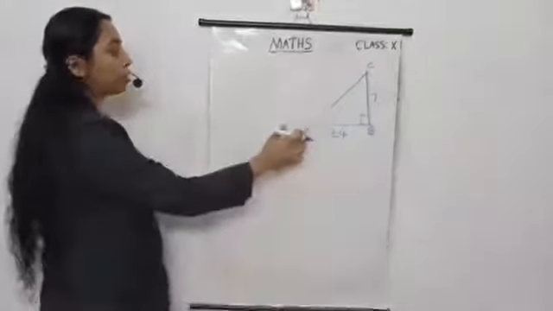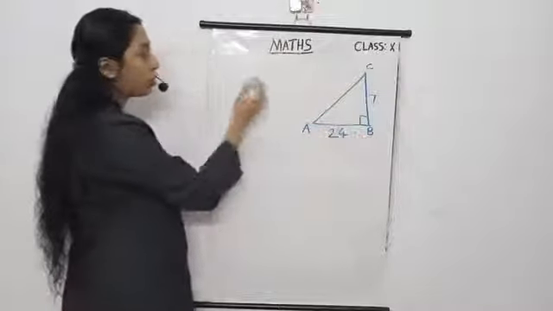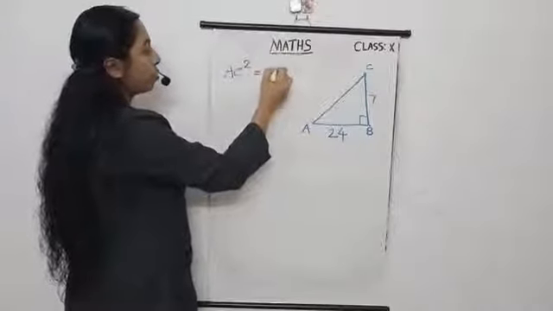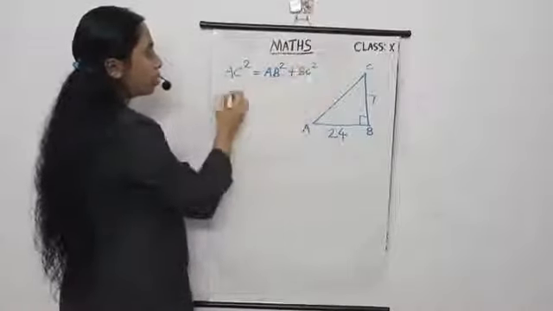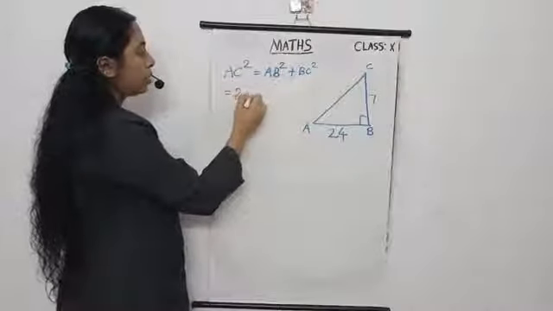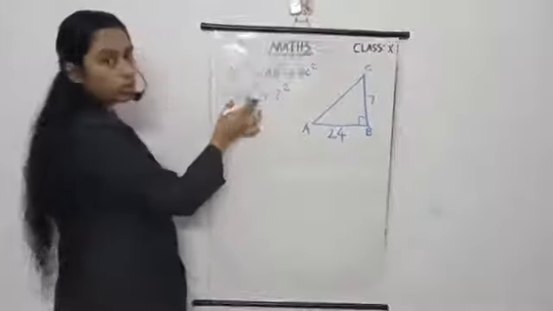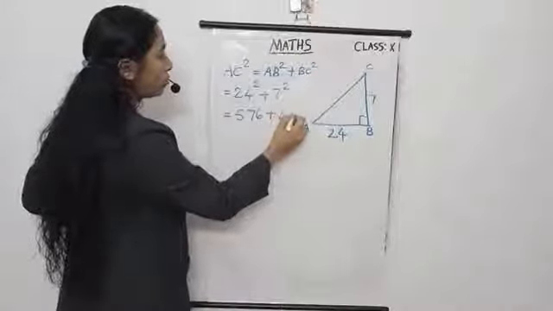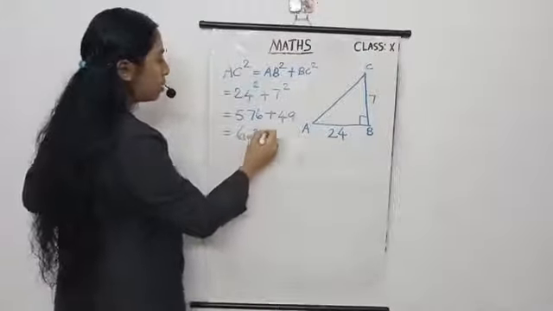According to Pythagoras theorem, AC square equals AB square plus BC square, which is 24 square plus 7 square. 24 square is 576 and 7 square is 49, and adding we get 625.